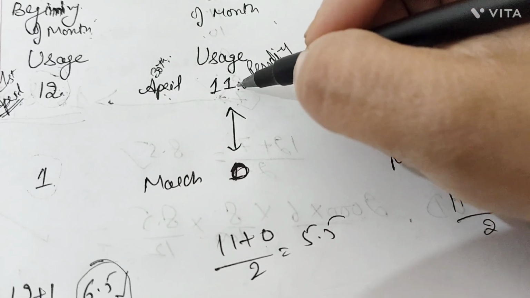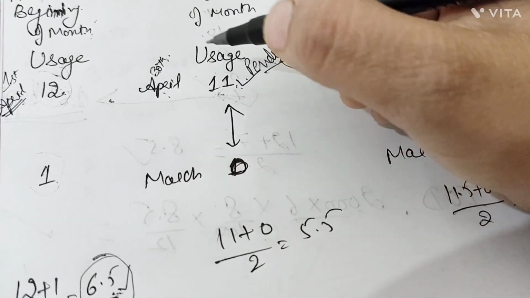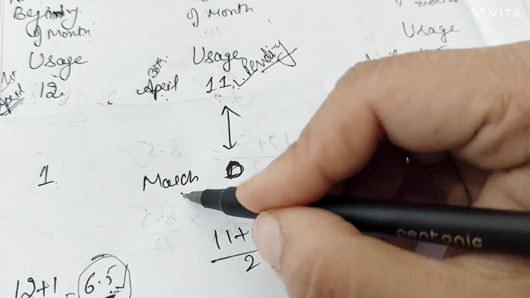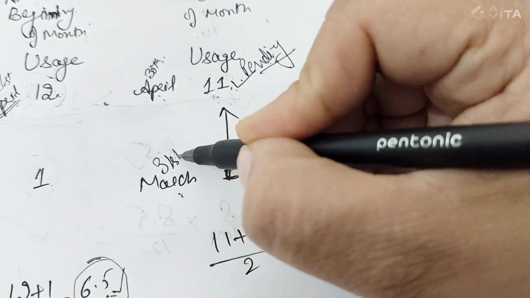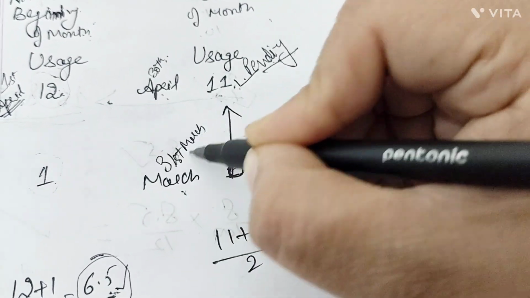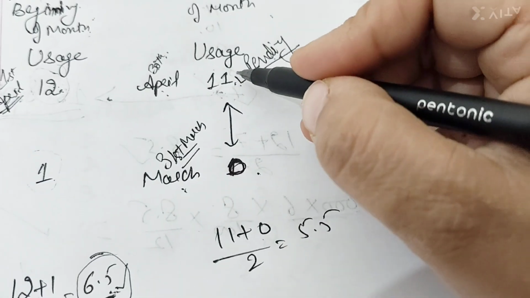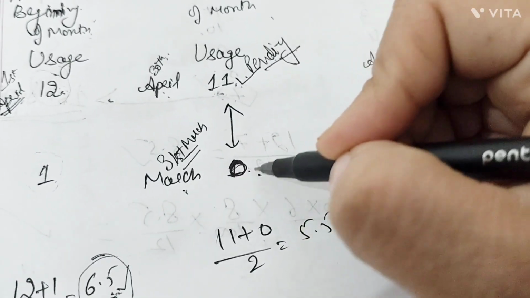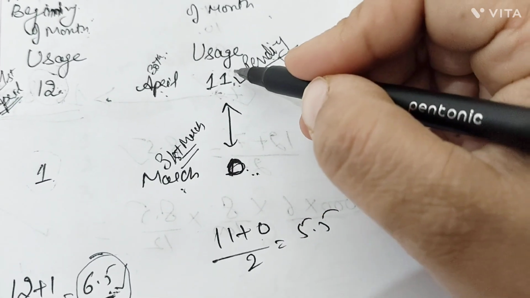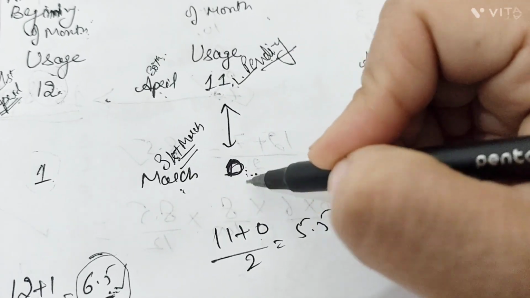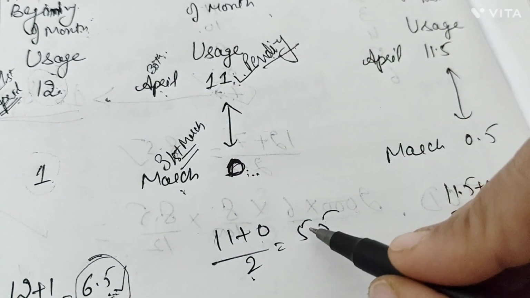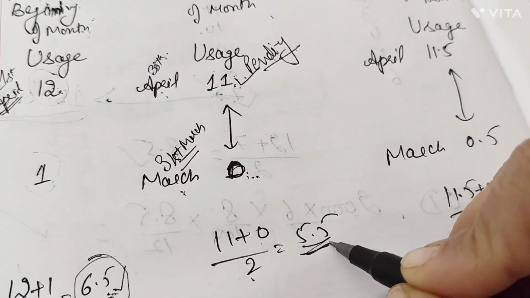How many months are left? 11. And if he is making his last withdrawal on 31st of March, then the year has ended and no month is left, so it is 0 over here. Now take an average, 11 plus 0 divided by 2, and you will consider it for 5.5.